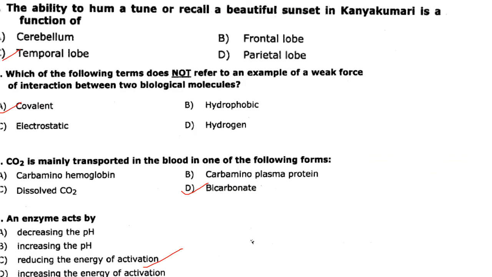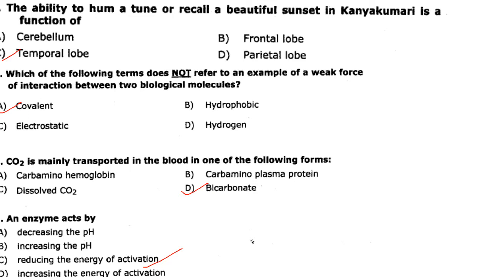The next one. The ability to hum a tune or recall a beautiful sunset in Kanyakumari is a function of the temporal lobe of the brain. So answer is option C. Which of the following terms does not refer to an example of a weak force of interaction between two biological molecules? So covalent bonds are more stronger than these other bonds, that is electrostatic, hydrophobic and hydrogen.